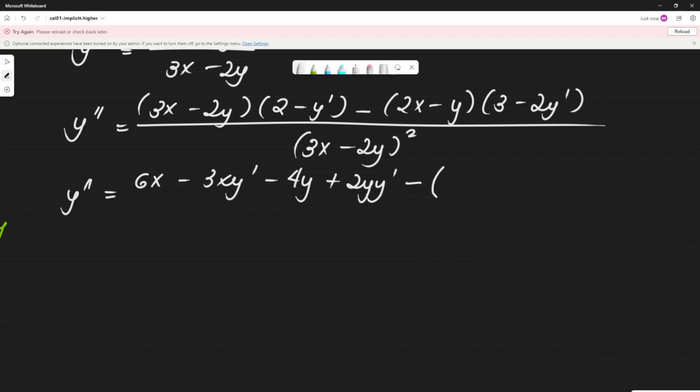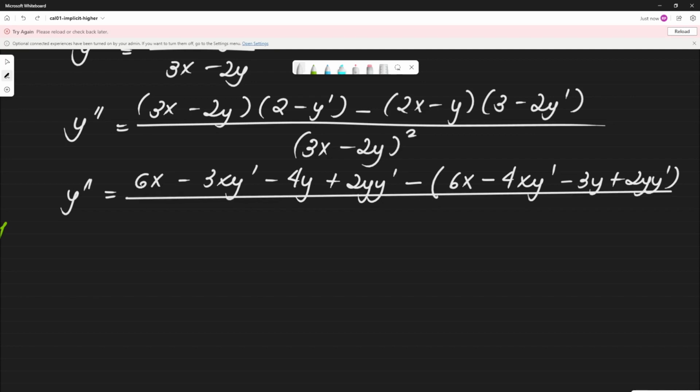Then minus, so we have 6x, then negative 4xy prime, then negative 3y, then positive 2y, y prime, all over 3x minus 2y quantity squared.